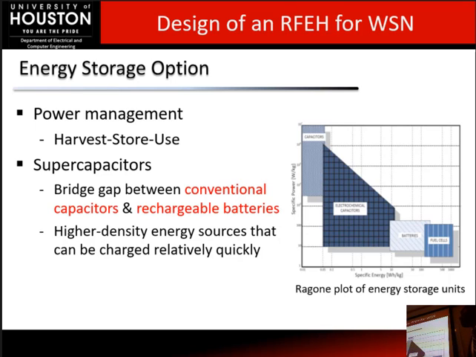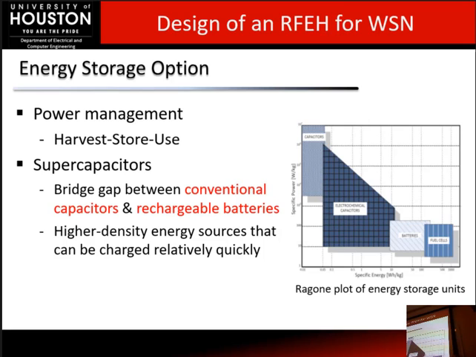The reason is that supercapacitors sit between conventional capacitors and rechargeable batteries, but they have a higher energy density, and they can be recharged faster than the rechargeable battery, and they allow for many recharge cycles. So that's the advantage of having a supercapacitor. The other name is electrochemical capacitor.